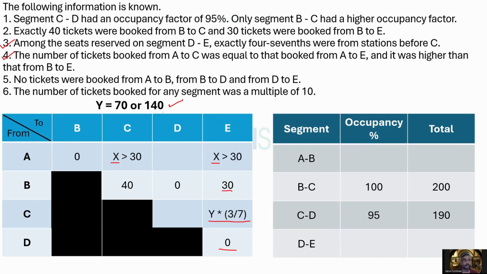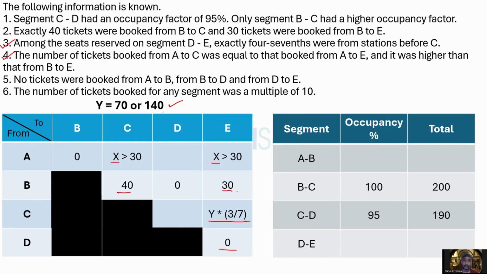Next, now that we have looked at clues 3 and 4, what I want to focus upon is the fact that the occupancy percentage between B to C is 100. Right? So people who are sitting in the train between B to C have either begun their journey from A or begun their journey from B. The number of people who have begun their journey from B is 40 plus 30, 70.